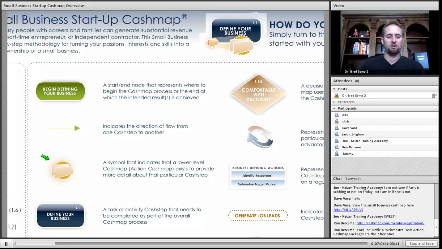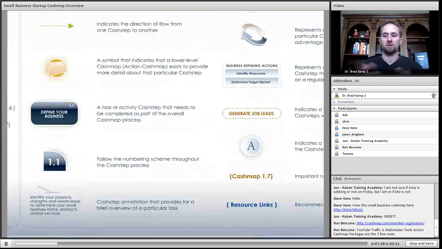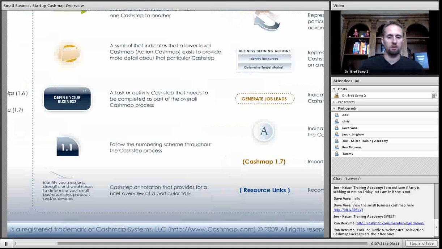Anytime you see this little folder icon here that I'm pointing at, or you can look up here at the top where we have this little graphic, define your business, that indicates that there is a lower level action cash map to support that step. So in this case, step 1.1 is define your business, and there's a lower level action cash map that shows you exactly how to define your business.